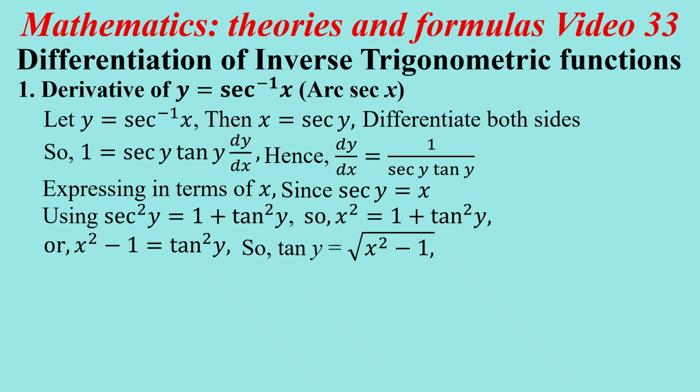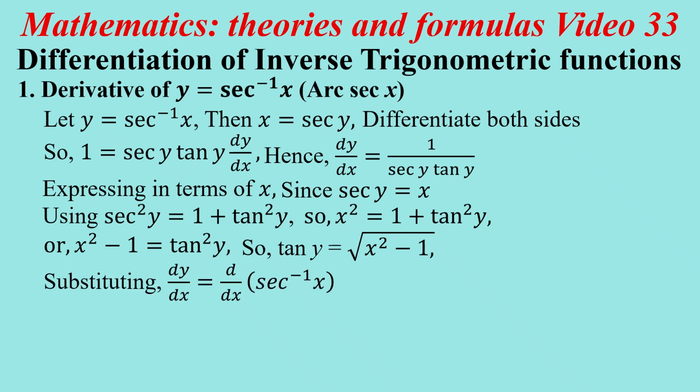Since we have dy by dx equals 1 by sec y tan y, we need to convert sec y and tan y into terms of x. Sec y is equal to x, and tan y is root under x square minus 1.